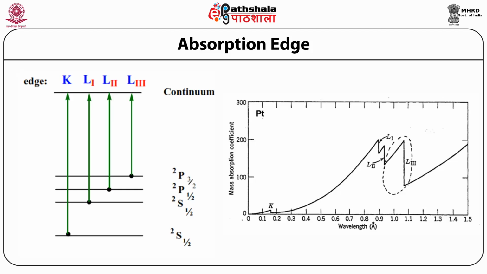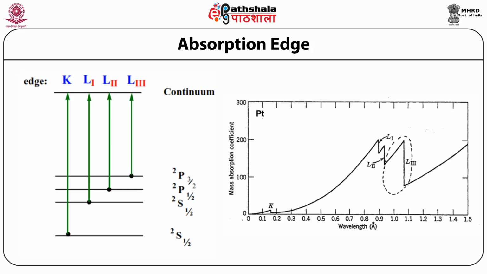Now in the last slide we were talking about a monochromatic source, but this data is not from a monochromatic source, because for changing the wavelength from 0 to 1.5 angstrom you need either an undulator synchrotron source, or some source which has all these wavelengths.